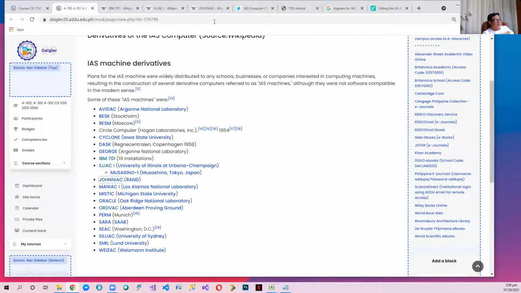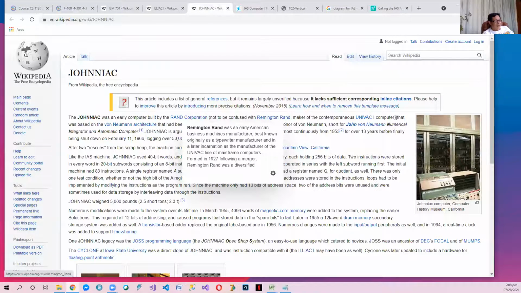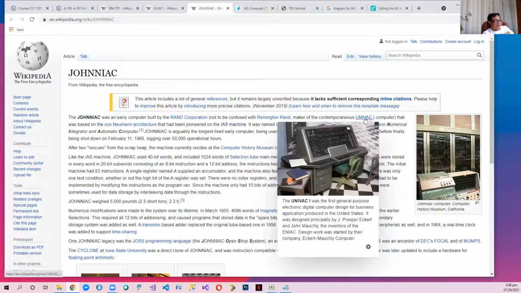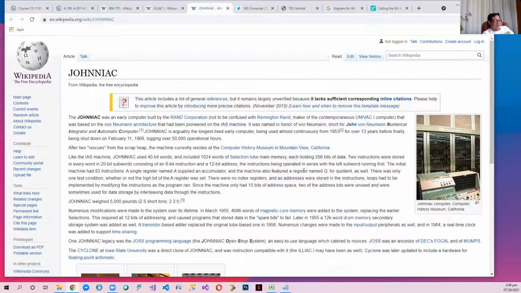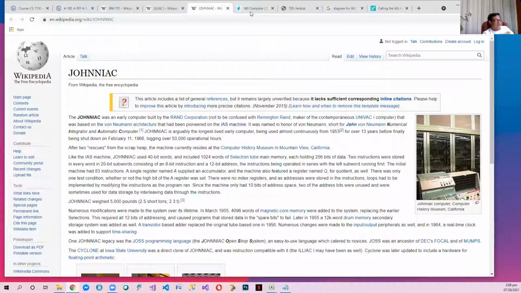What's the Remington Rand Corporation? The makers of UNIVAC, competing against Mauchly and Eckert, because Remington Rand later evolved into DEC, nagiging PDP sila, and they began to compete with IBM.